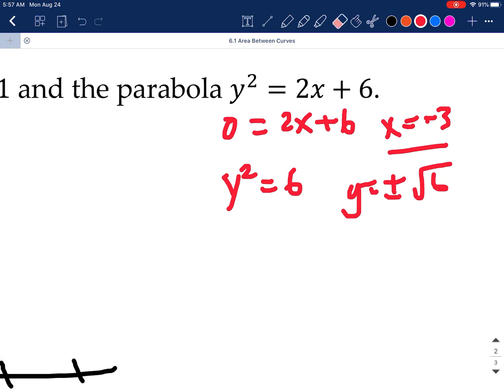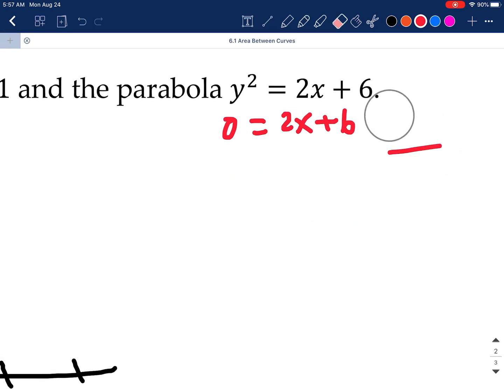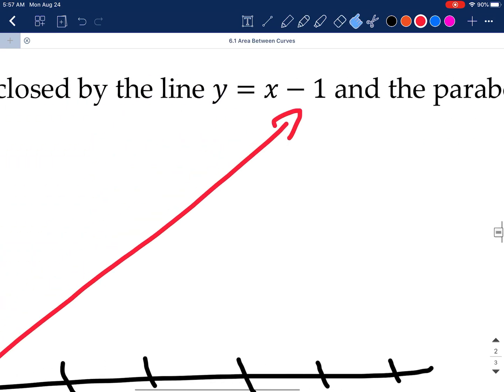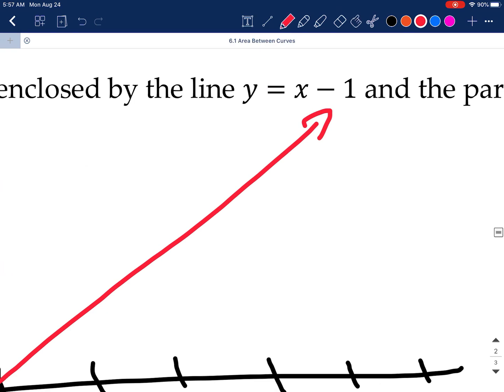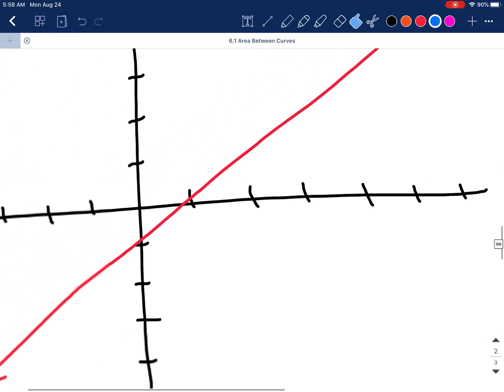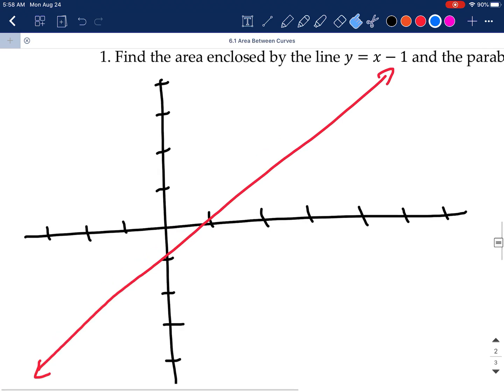And we know it's a parabola that has a positive leading coefficient, so it's going to be opening to the right. We use that information to graph our parabola here. So we've got -3, 0, and then rad 6 is going to be between 2 and 3.